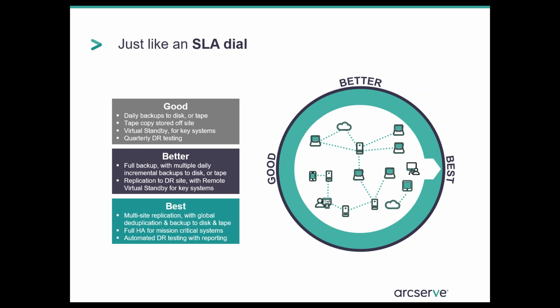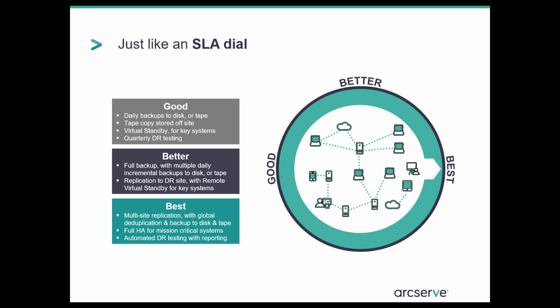Lastly, we can turn that dial to best, where we can handle multiple sites, whether they be multiple branch offices, a production site, and a DR site. And we can have data replicating between these sites so that you have multiple copies of the data in the case of site failure. We can perform network efficient and disk efficient backups and storage through deduplication.